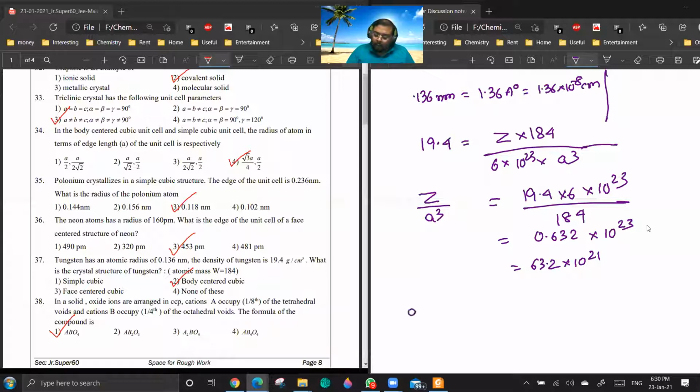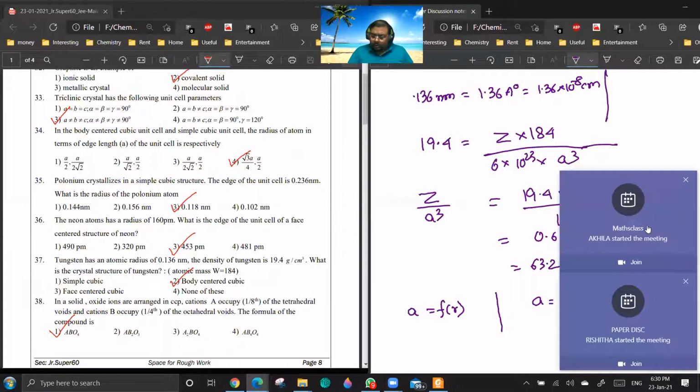Now you see, a is a function of r, yes or no? Yes, sir. So a is equal to 2r when it is simple cubic, right?